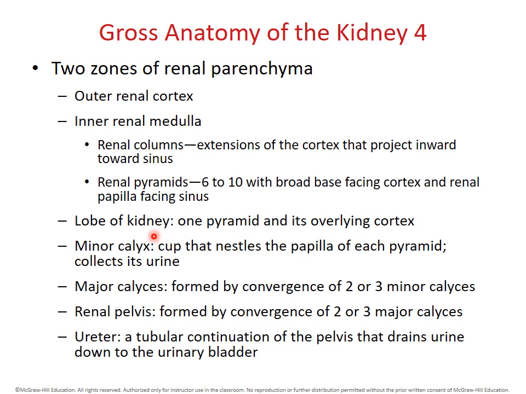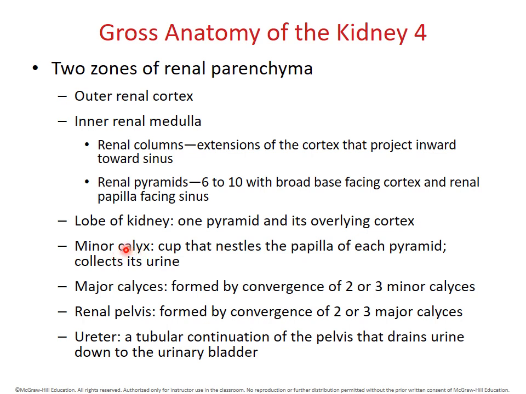That happens up in the cortex and the medullary pyramid. Once it starts to accumulate in the minor calyx, now really the task is just to transport that urine to the storage site, to the urinary bladder, until it's time to release it from the body. So once we get to the minor calyx, there's not much physiology left other than transport to the bladder.